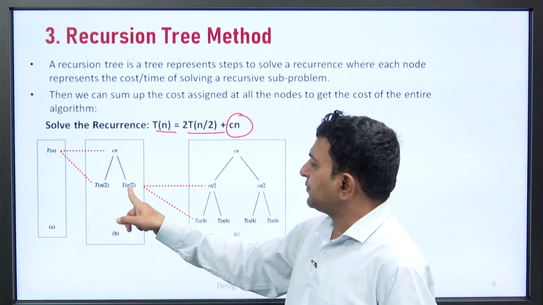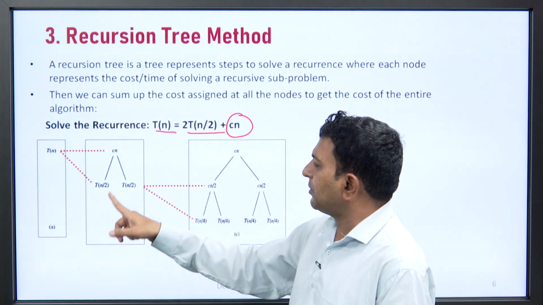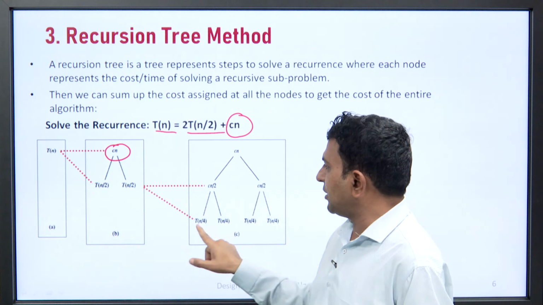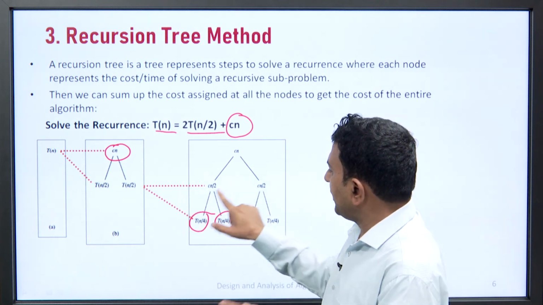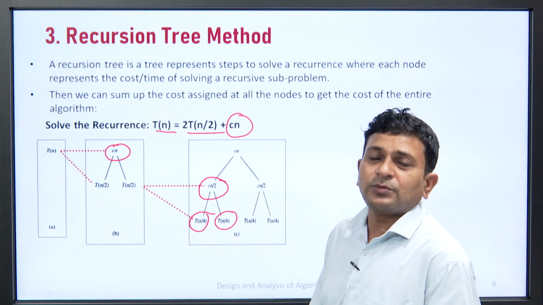These two problems are solved and then their solutions are merged. The merging operation takes Cn time. Similarly, if these two subproblems are solved and merged, the merging operation takes how much cost?